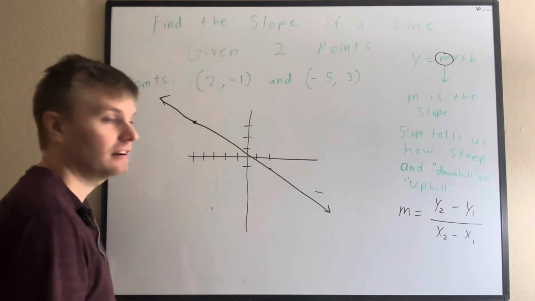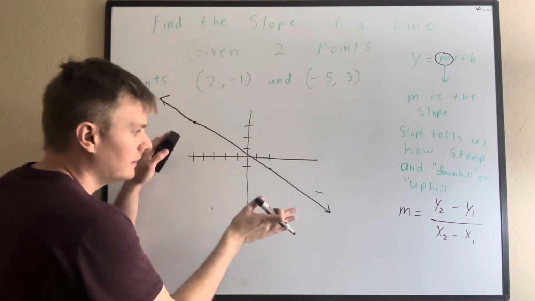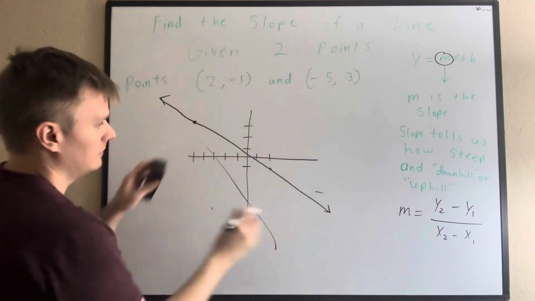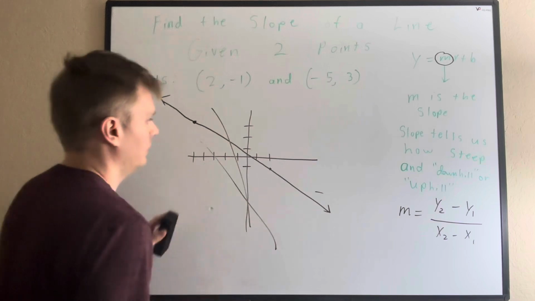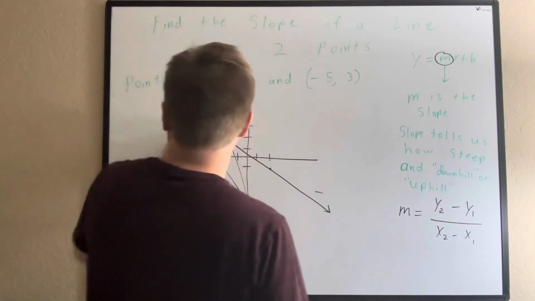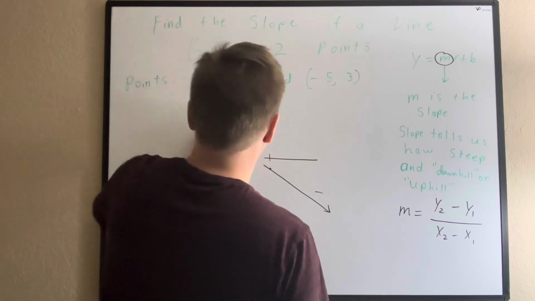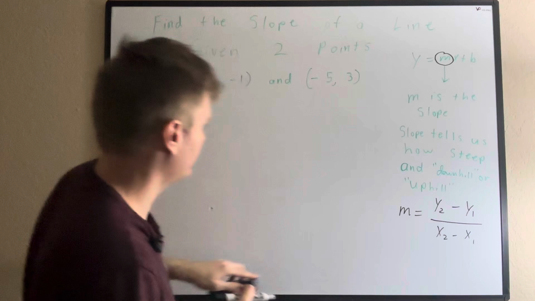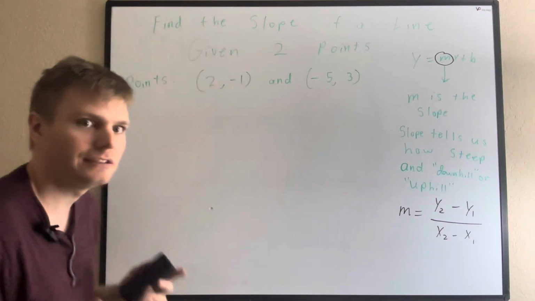And it's probably going to be a low number because it's not steep. It's not going way down real fast, it's just slowly going down. So that was just a visual to make sure that when we get our final answer, it makes sense. Does that make sense?